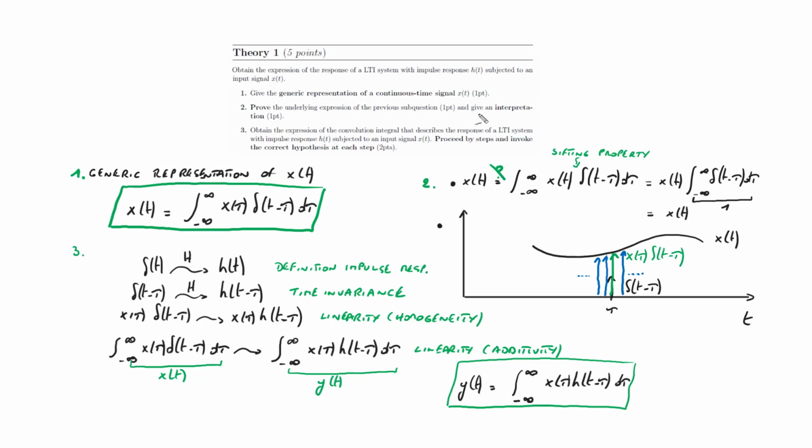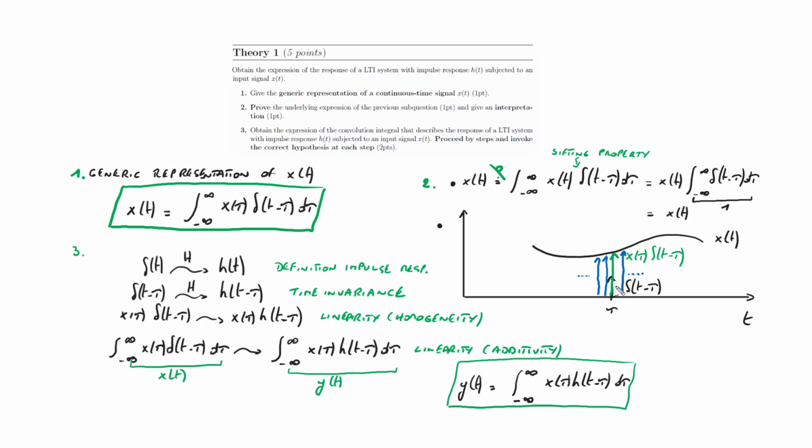So now we have to look at an interpretation. Now we work with the variable t over here. So we have the function x of t that is shown over here, and I have a delta of t minus tau that is located in t equals tau, as you can see over here. And what happens when I multiply x of t with delta of t minus tau, again by the shifting property, since the delta is located in t is equal to tau, well, it becomes x of tau delta of t minus tau. This is the delta that you see here in green, right?